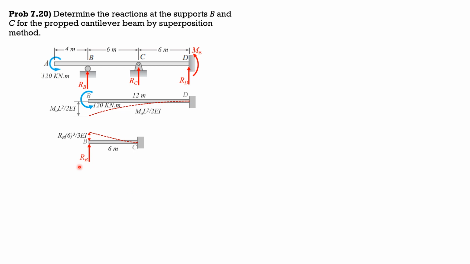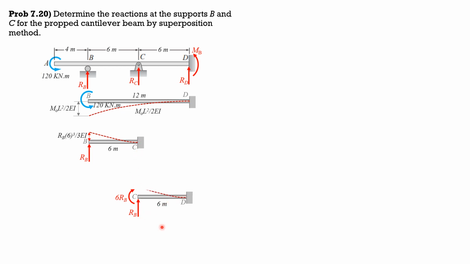Then let's transmit RB at C, which will produce RB upward and a couple. So by adding a pair of forces in equilibrium, RB downward and RB upward by principle, axiom of mechanics, one axiom of mechanics. So the downward RB and this upward RB will constitute a clockwise couple of 6 RB, and there is still RB at C here.